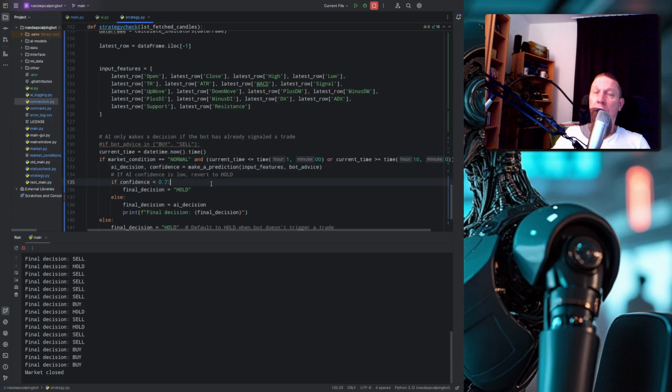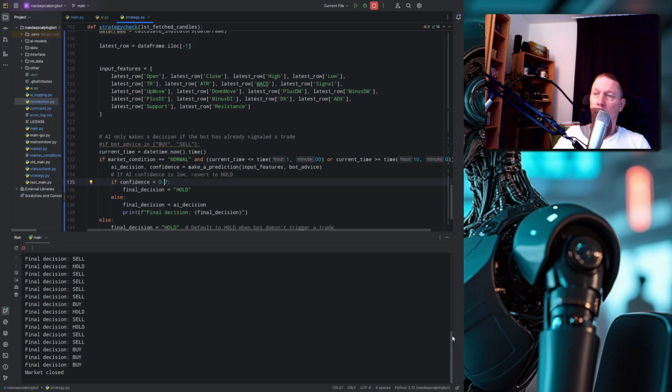And I changed it so if the confidence is smaller than 0.7, then we get a hold. I raised this from, I believe, 0.5 or 0.4 to 0.7. So at least 70% should be given by the AI before a contract is opened in the market.